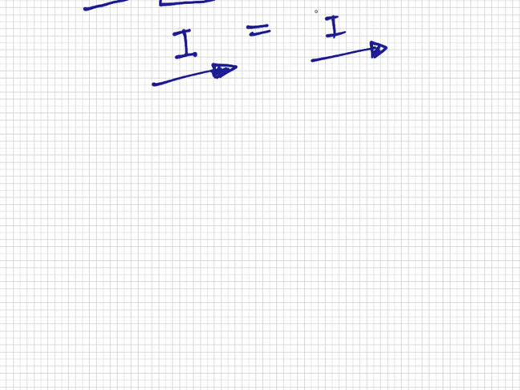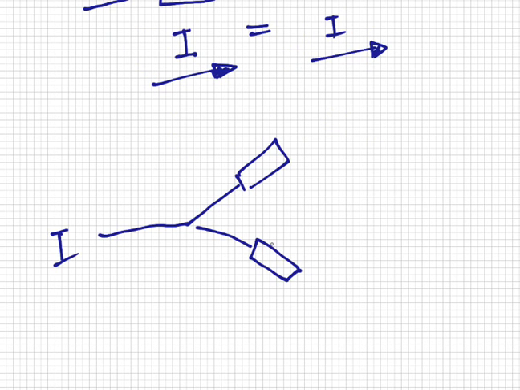But as you were saying, Tanish, if it goes like this, if it splits, this is I, then these are not the same. This would be I1, and then this one here, I2. But what you do know is I should equal I1 plus I2. Why do I know that?